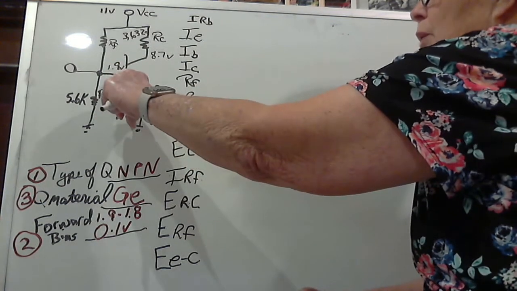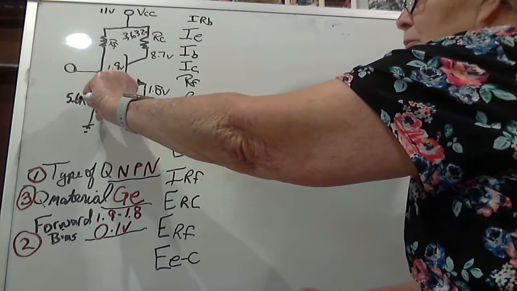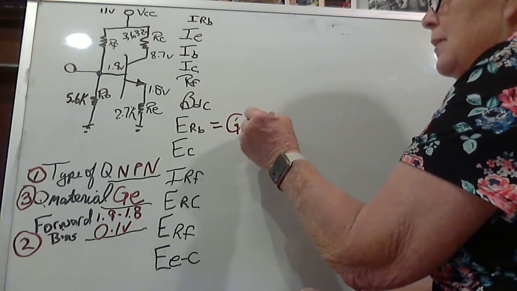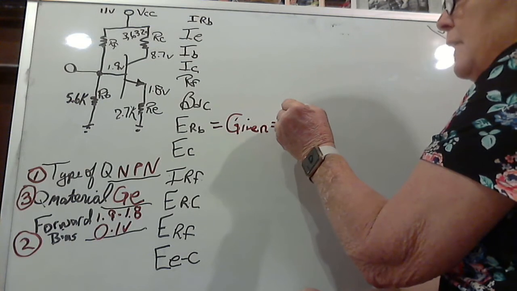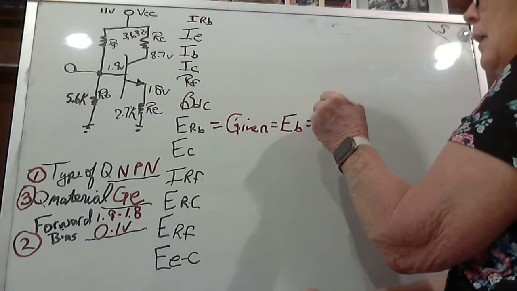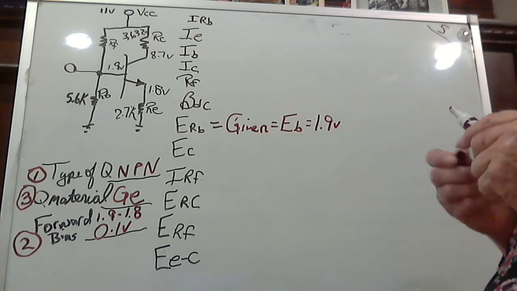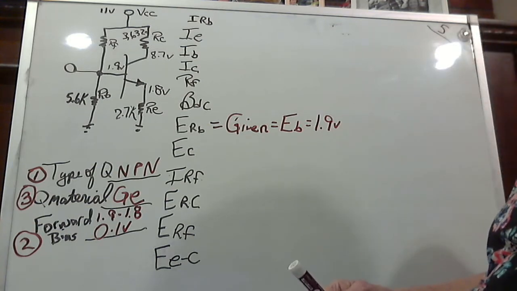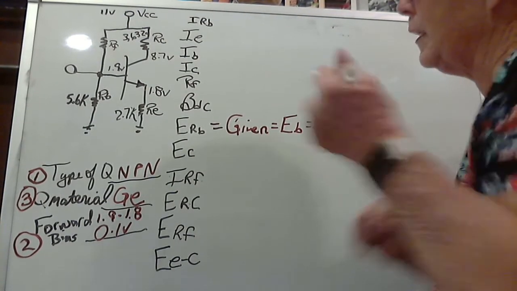So if this is 1.9, that's that 0.1 plus that 1.8, that tells me that this is in parallel and it's 1.9. So it's really given because it is equal to the base voltage. And I'm using the E's because the paper has the E's on there. Remember, E means voltage just like V does. So that's the one that's given to me next, and that would be number 4.